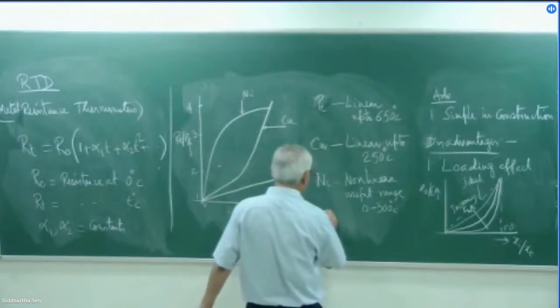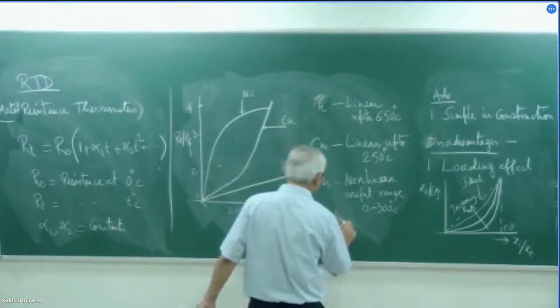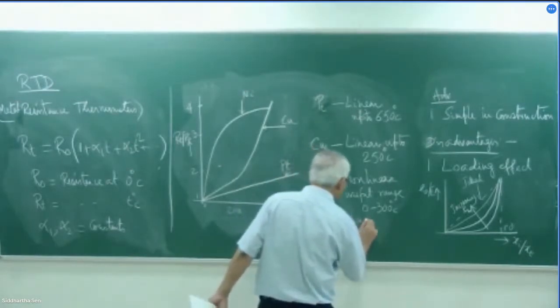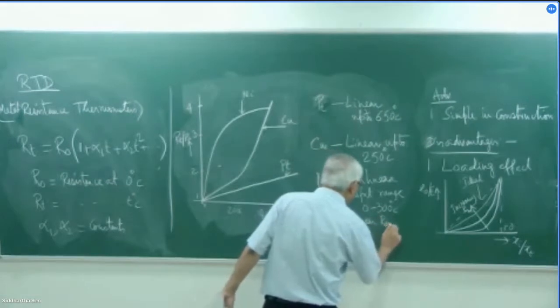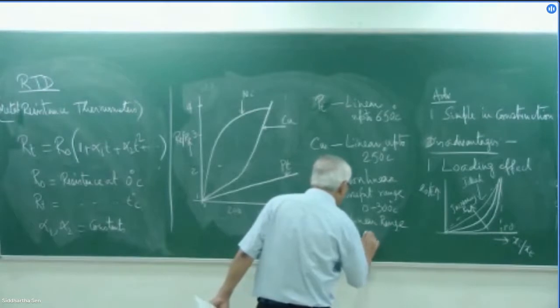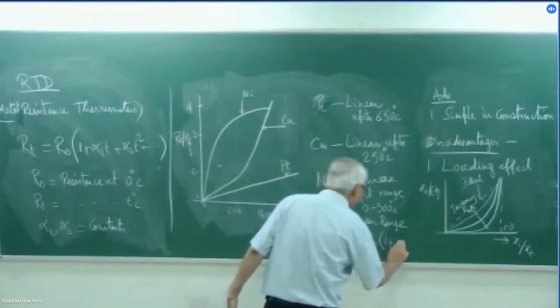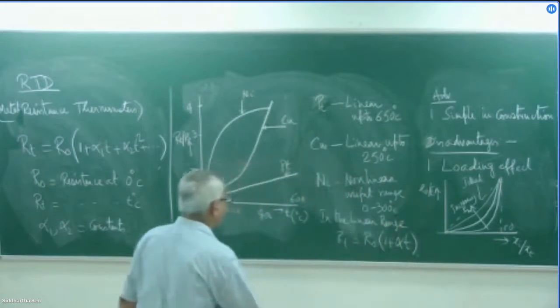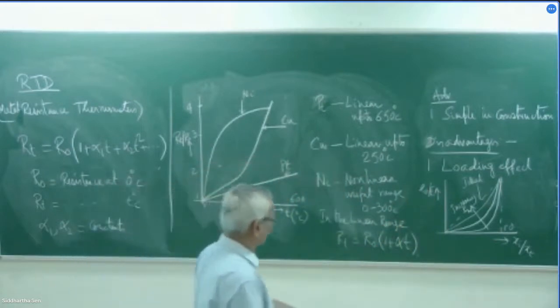In the linear range, we often denote that RT is equal to R0 into (1 plus alpha T). This is the standard way of doing it.